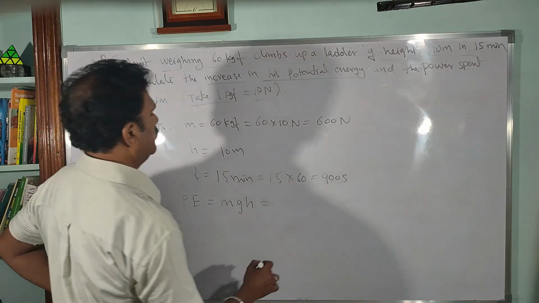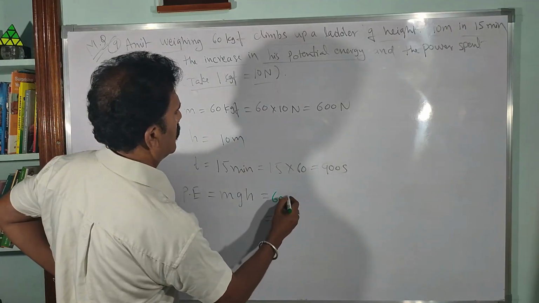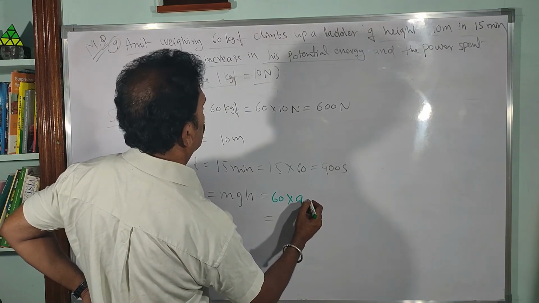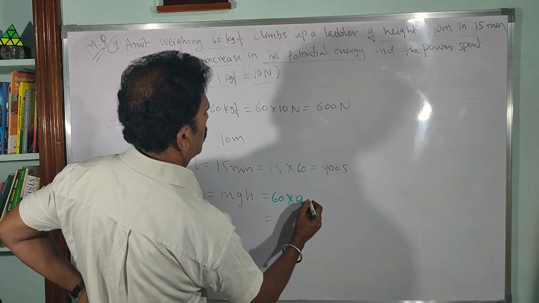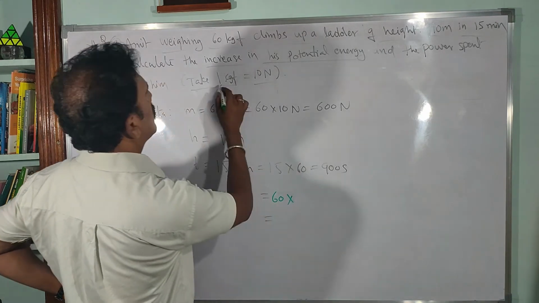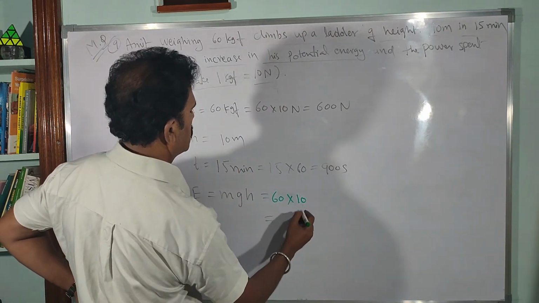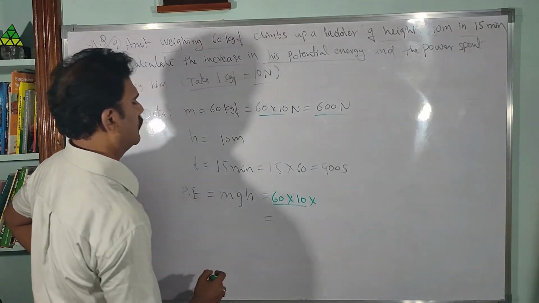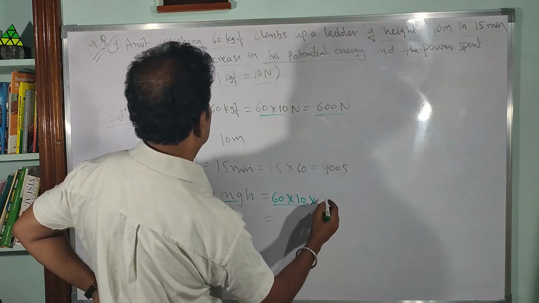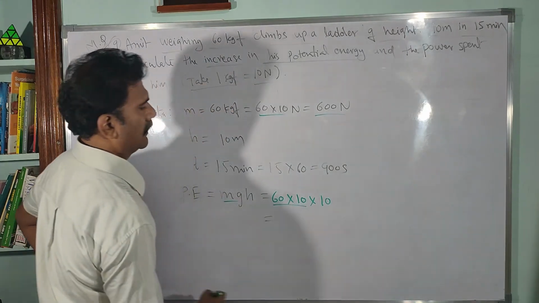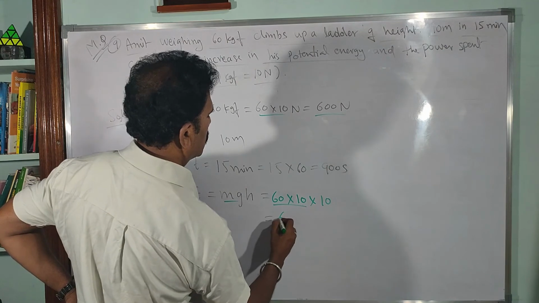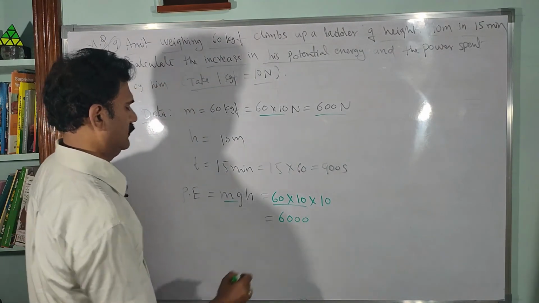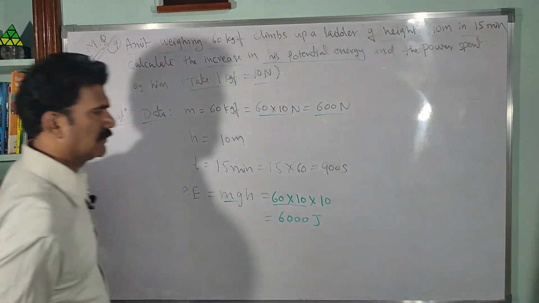So that is equal to 60 into G. 1 kgf is equal to 10 Newton, so you can just take it as 10, as you already did here, 600 Newton totally. The value of mg into h is how much? 600 into 10, so that is equal to 6,000 joules potential energy.